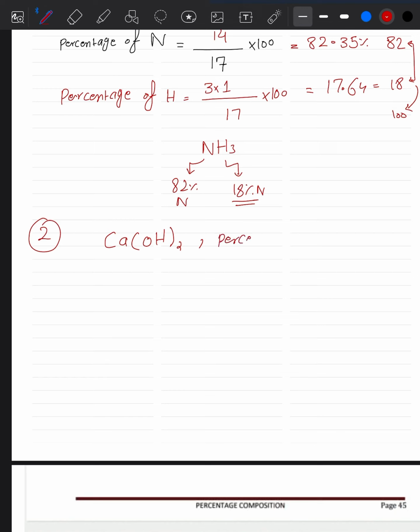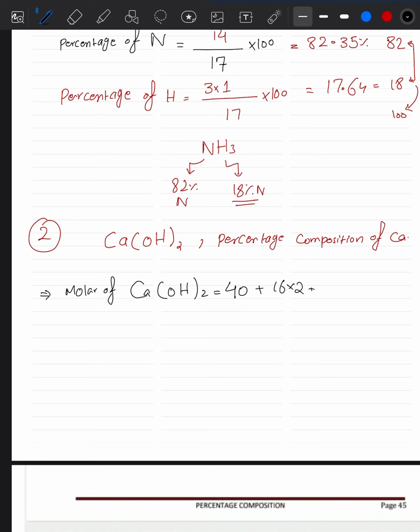First, we need to find the molar mass of calcium hydroxide. The atomic mass of calcium is 40, and now we have 2 oxygen, 16 into 2, plus 2 hydrogen, 2 into 1, so this will give us 74.